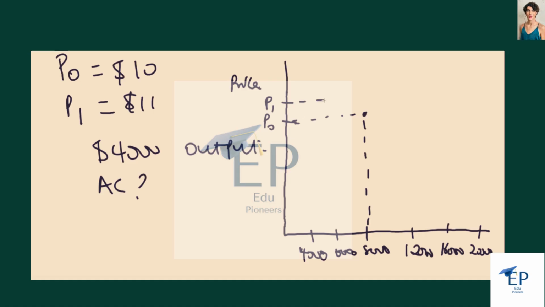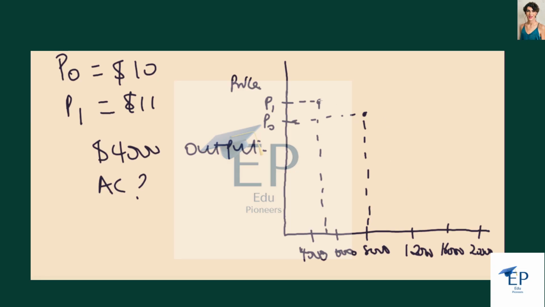And P1 traces to 5,000. So this is what it should look like, and it should have this.